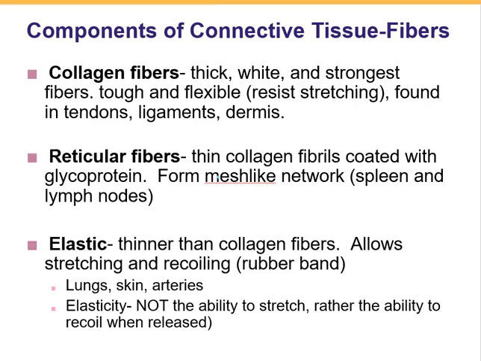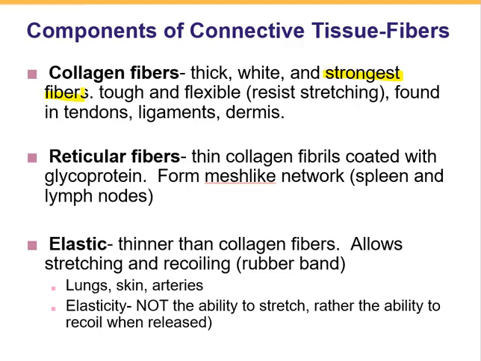Collagen fibers are tough, thick, strong, like cables made up of collagen proteins. These are the strongest fibers and they give the tissue strength. They resist stretching and provide strength and flexibility.